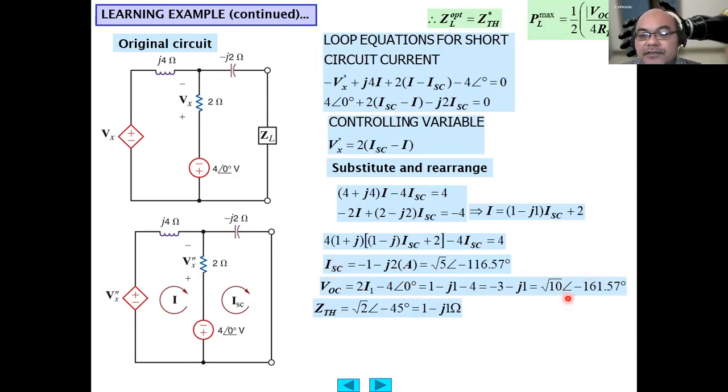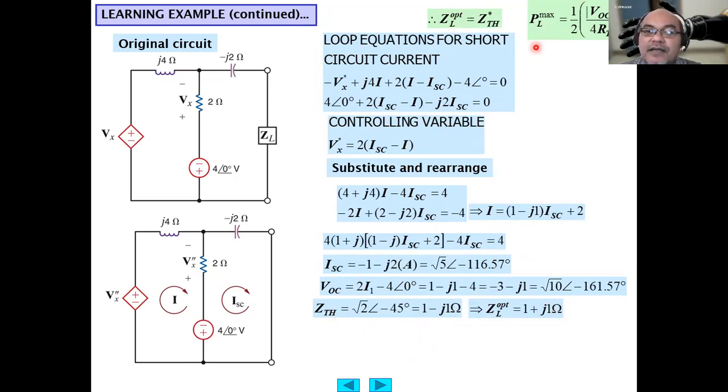Using the phasor format, we obtain square root of 2 at minus 45 degrees, which equals 1 minus j1 ohm. Then Z optimum will equal 1 plus j1 ohm, the conjugate of the Thevenin equivalent impedance.